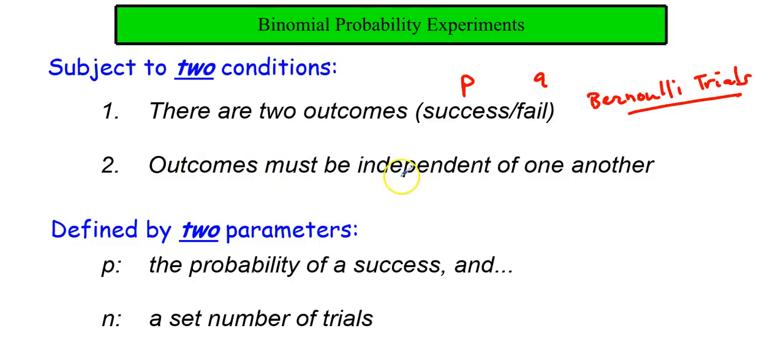Number two, outcomes must be independent of one another, meaning that when you run a trial, the outcome of that trial cannot affect the outcome of the next trial. To give you an example, shooting free throws: you either make or miss, so they are Bernoulli trials. There are only two outcomes, a success is a make.